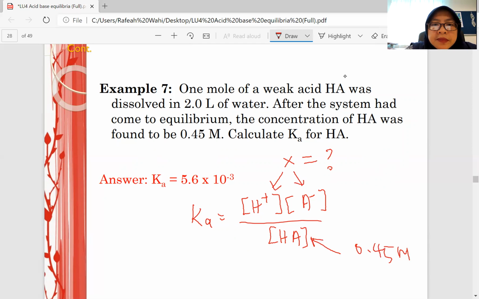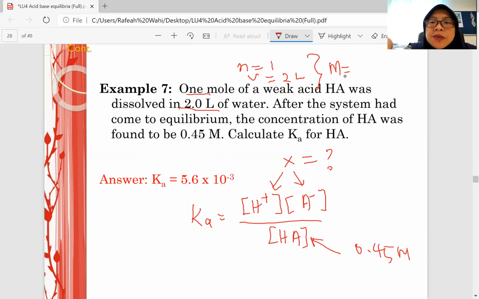What is the concentration of the initial acid? We go back to the information given. We have n equal to 1 mole, and we have volume equal to 2 liters. So how do we get the molarity of the initial solution?